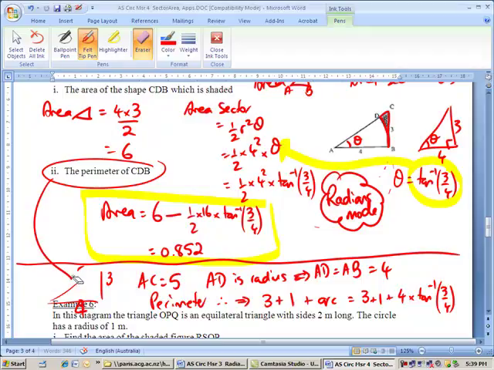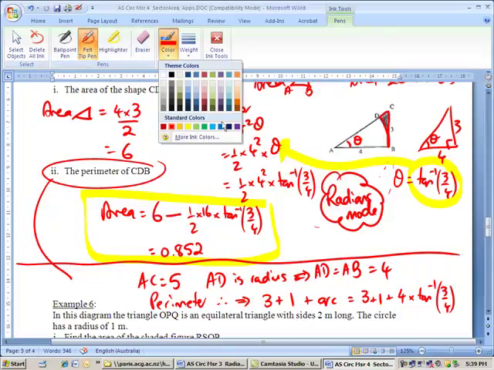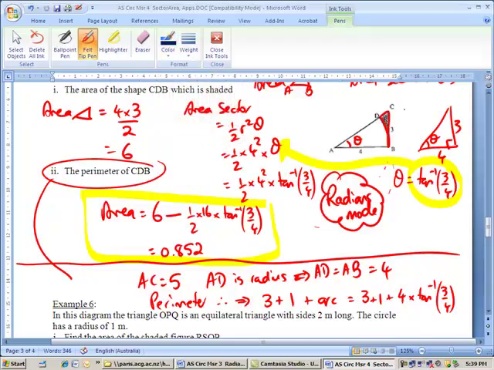Let's just make that diagram a little bit clearer to make sure that you are looking at the right values. If we look back up at it, we knew that this was 3. We knew that this was 5 from our Pythagoras calculation, and we knew that this was 4 because it's a radius.